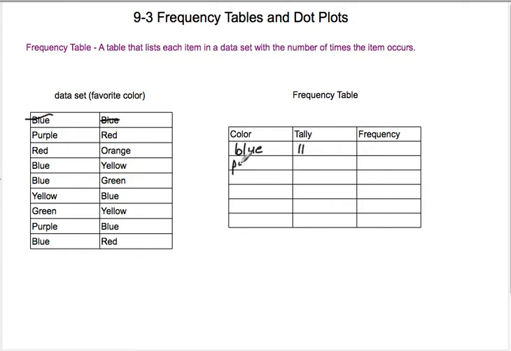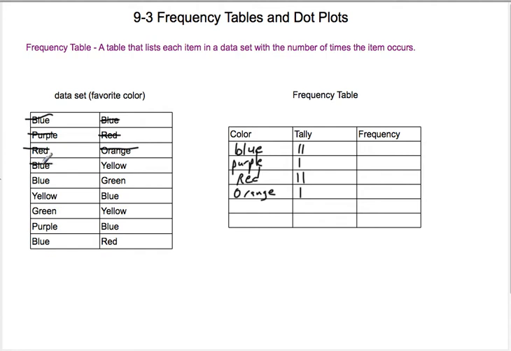Purple, so I see one there, I'm going to make a tally. Red, I see 2 right off the bat, so I'm going to make 2 tallies there. Orange, there's 1.